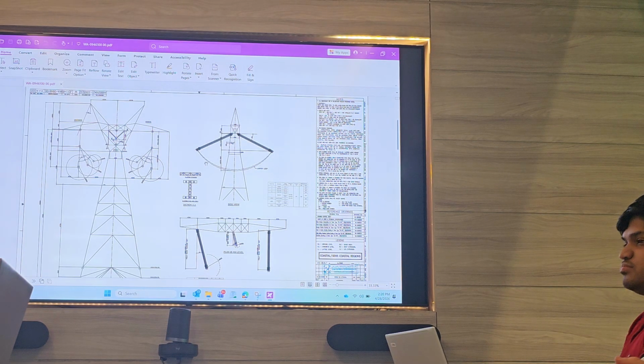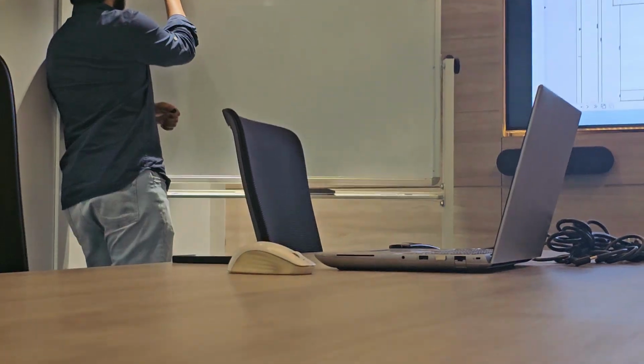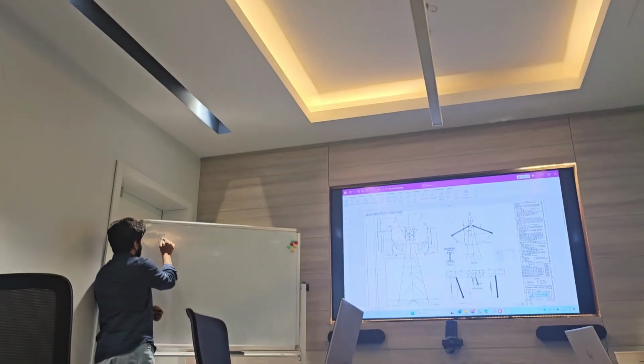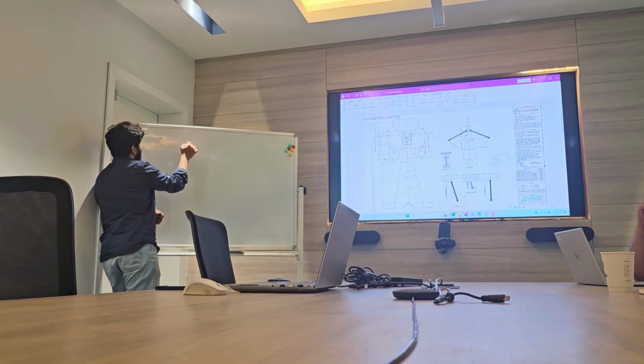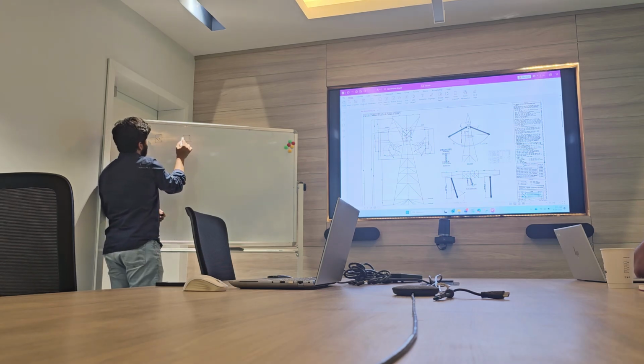So basically, like we said, you have two points: one substation to another substation, or from generation to substation, then substation to substation.